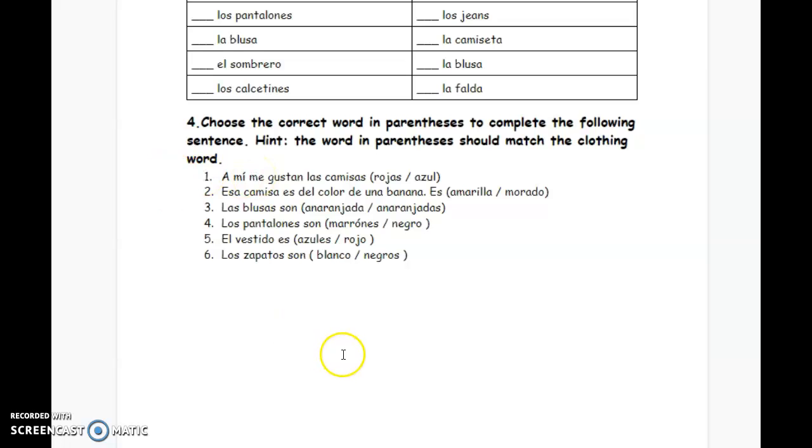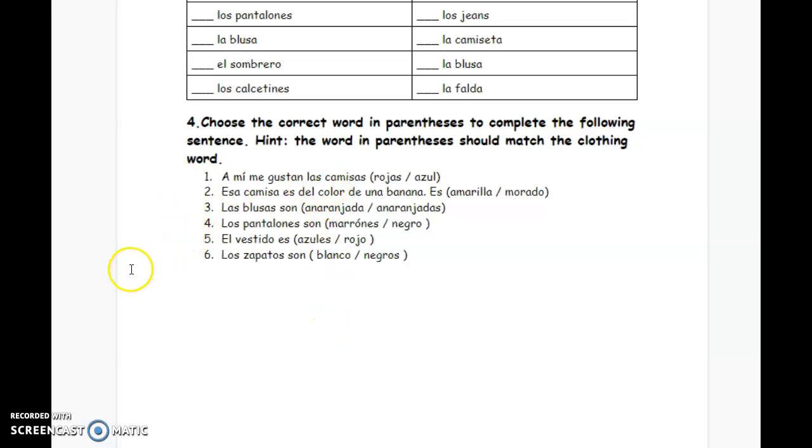The instructions say, choose the correct word in parentheses to complete the following sentence. Hint, the word in parentheses should match the clothing word. So some of these sentences are a little bit more complicated. You need to identify the clothing word and then pick the color that has the correct ending.